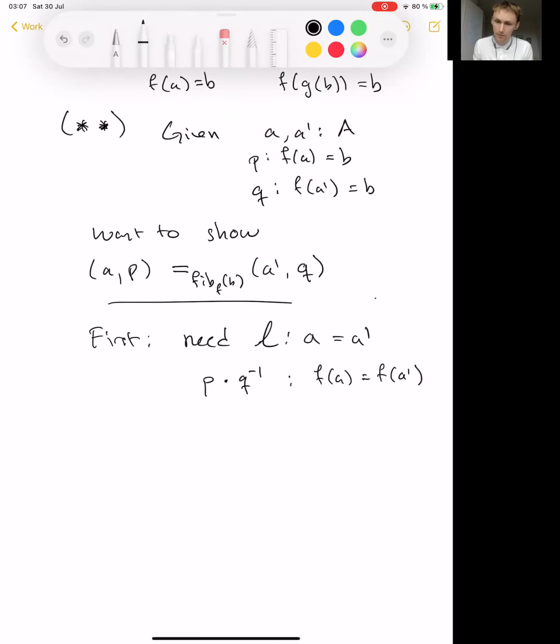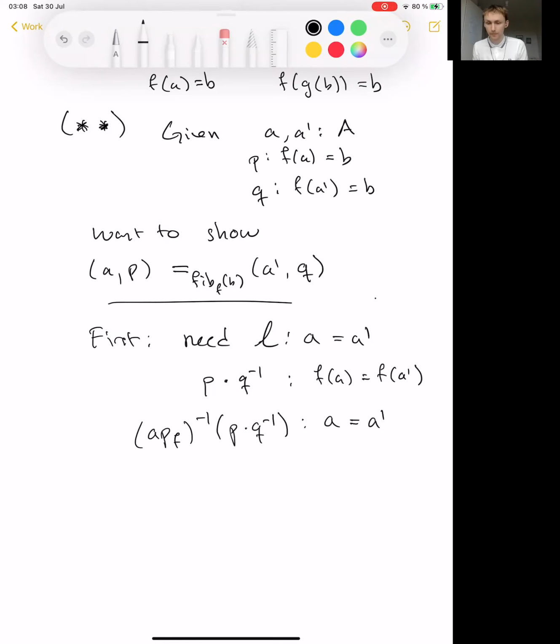But now we have assumed that f is an embedding. So if we take app f inverse on P composed with Q inverse, then that's going to be something of type A equals A prime.